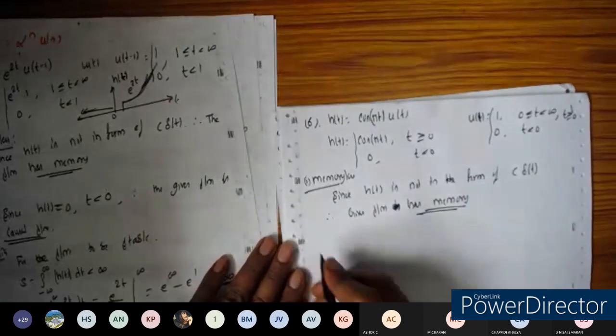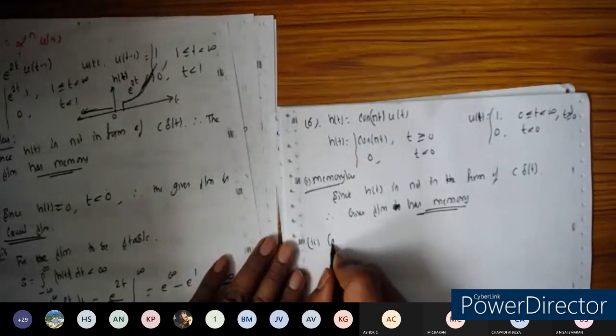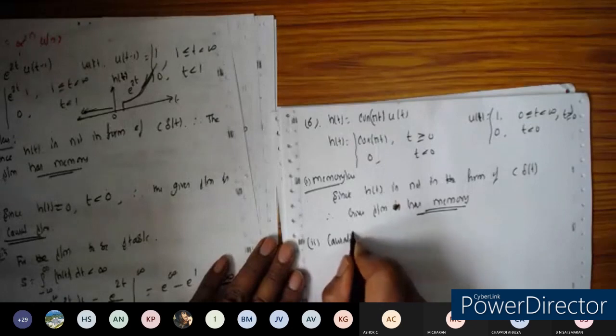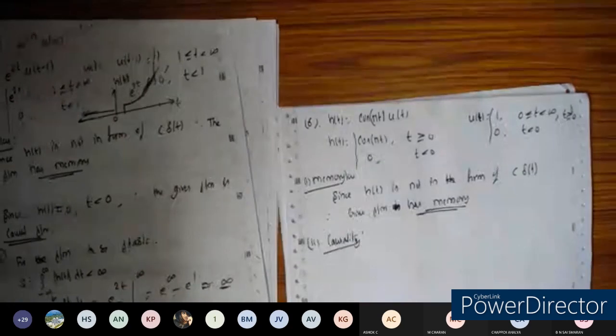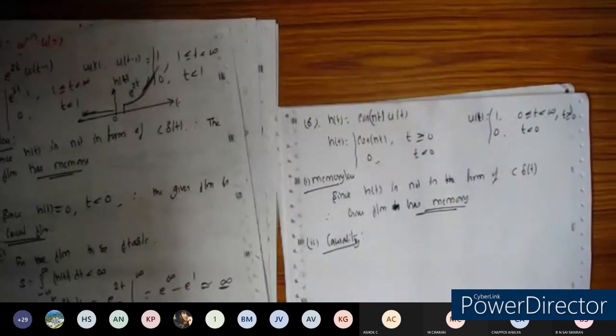It has memory. Now let us verify the causality property.